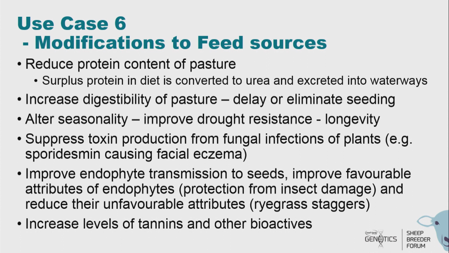It would also be really nice to change feed sources. So one of the big problems we have in New Zealand with ryegrass is the protein content of ryegrass is much more than the requirements for the animal. And if the animal is not using all of the protein that is in that feed relative to the amount of energy that's in it, it gets converted to urea and then it gets excreted.